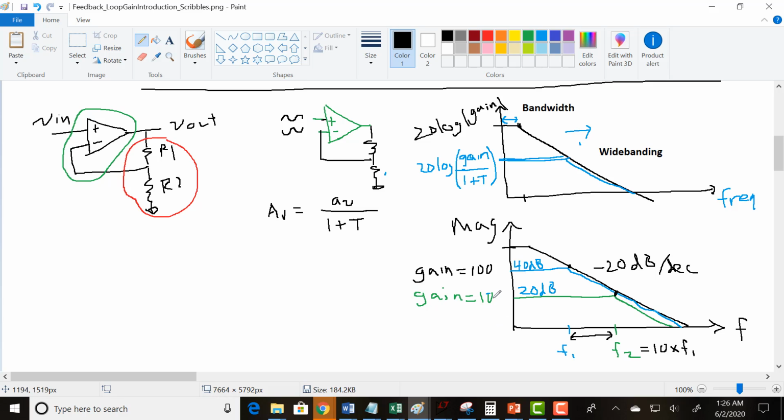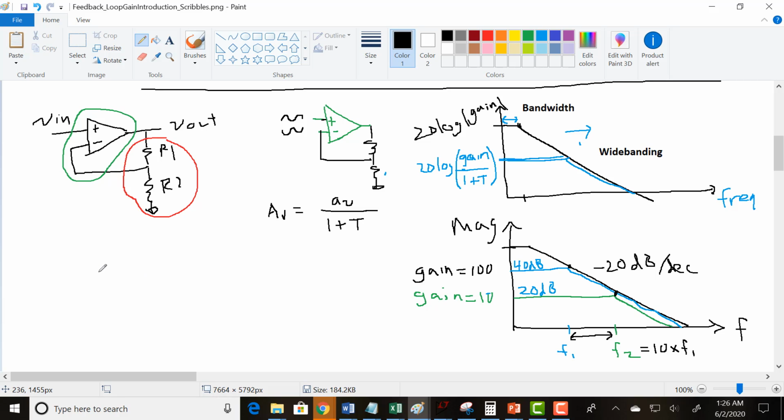And look at the gain. The gain went from 100 down to 10, but the frequency went from F1 to 10 times F1. So let's look at what happens if I multiply the gain times this frequency.